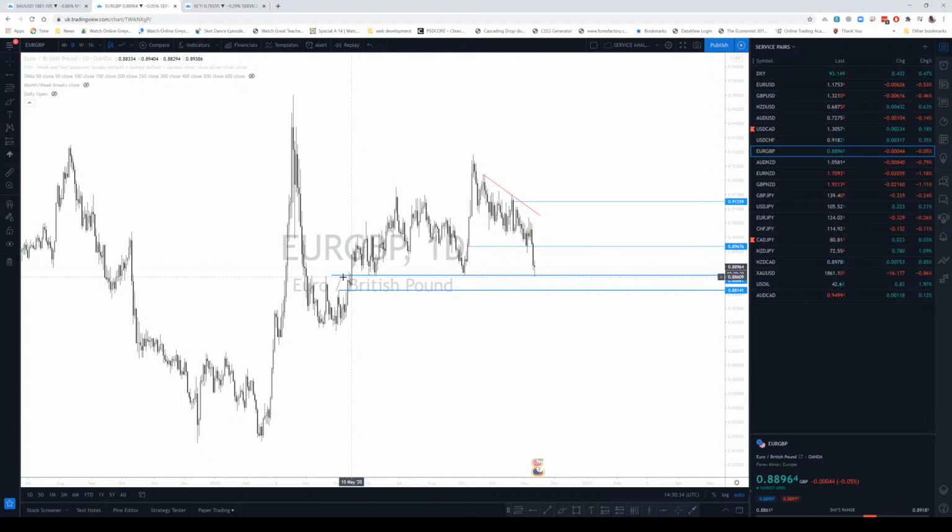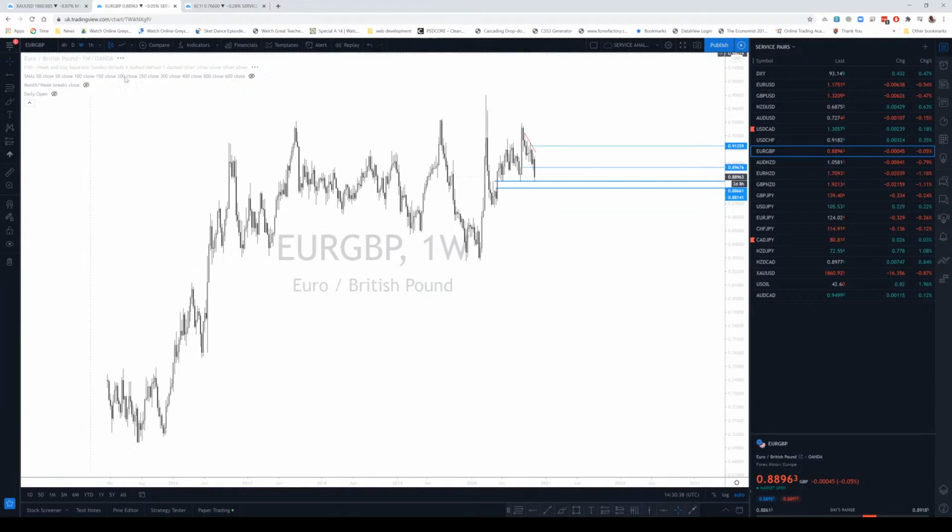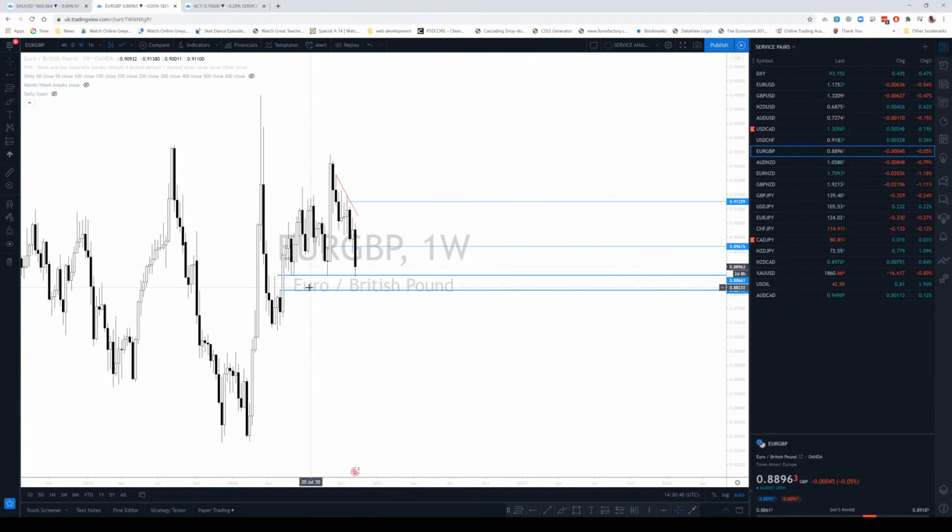We had this equal low that price has now taken the liquidity below. I'm looking for price to drop in here. So anytime price gets down here, then I will start looking on British pound for a short.